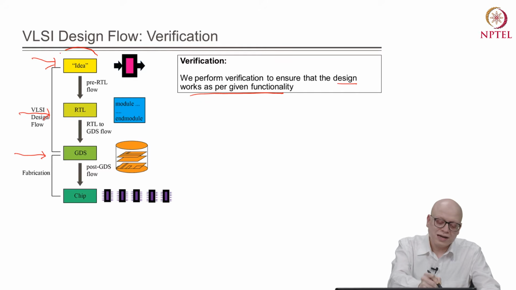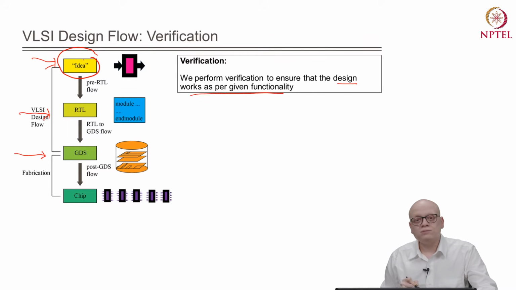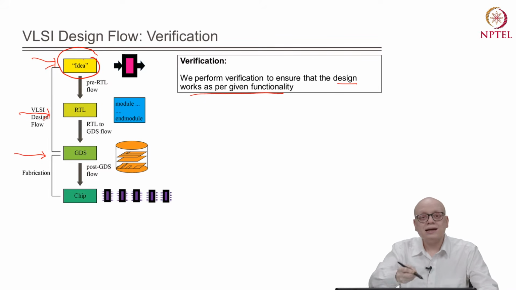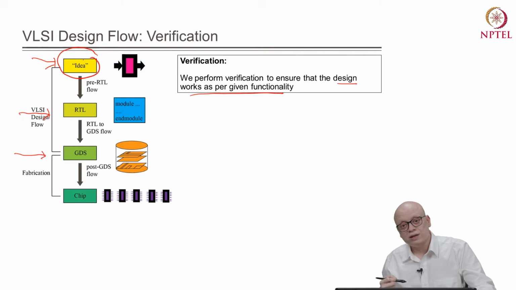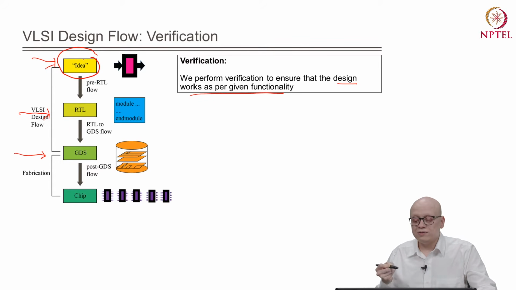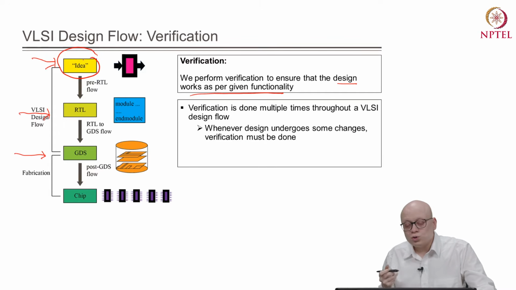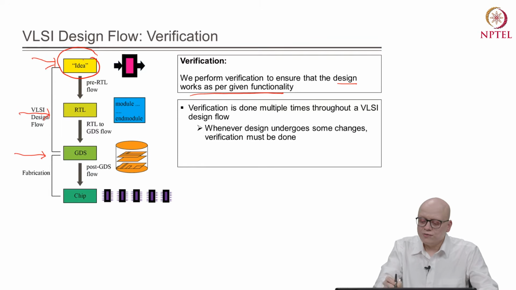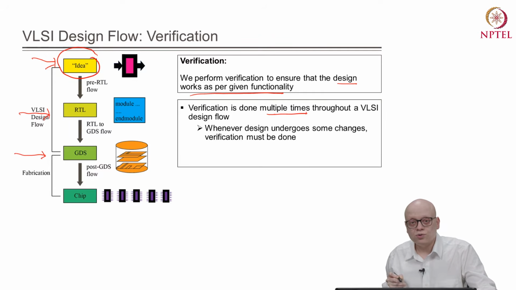So, the functionality is defined at the top level, right, and we ensure that our design, as it is transformed in the VLSI design flow, should still be delivering the same functionality that we started with or that was given to us. And to ensure that, we need to carry out verification multiple times throughout a VLSI design flow.